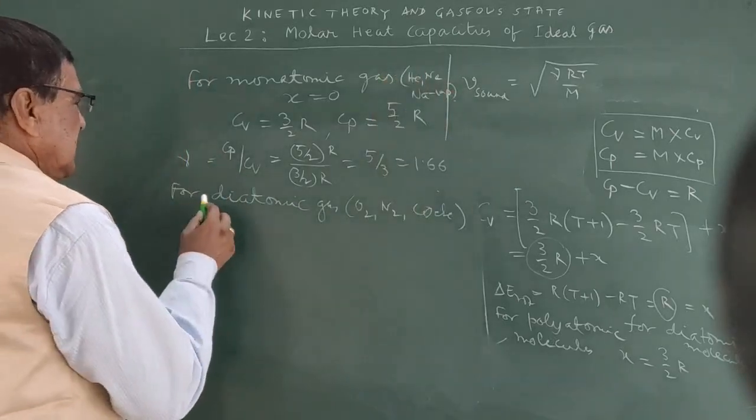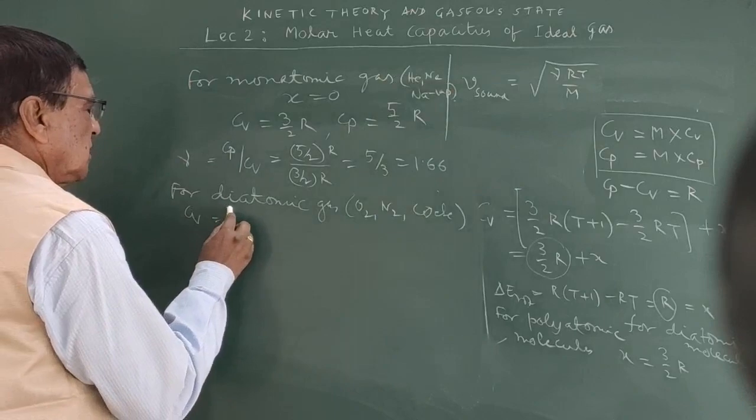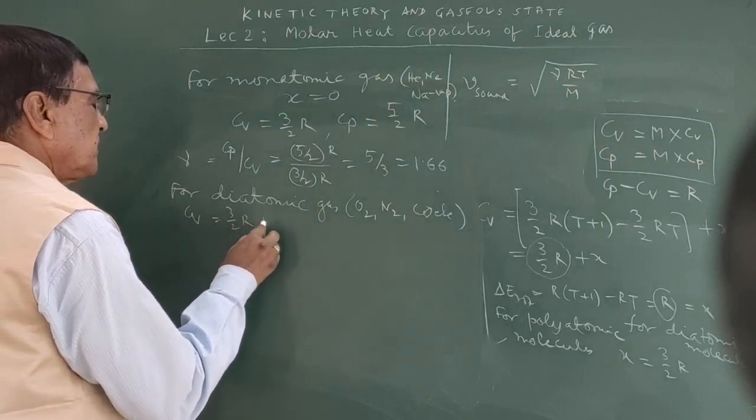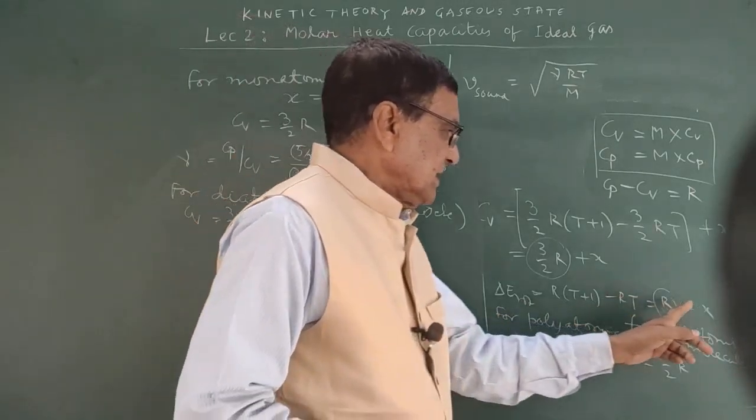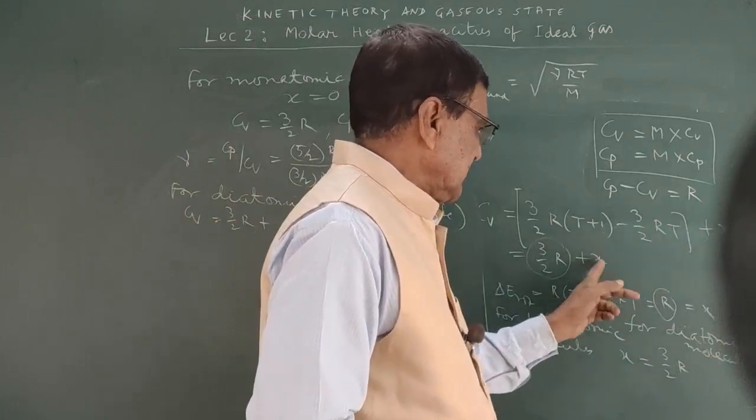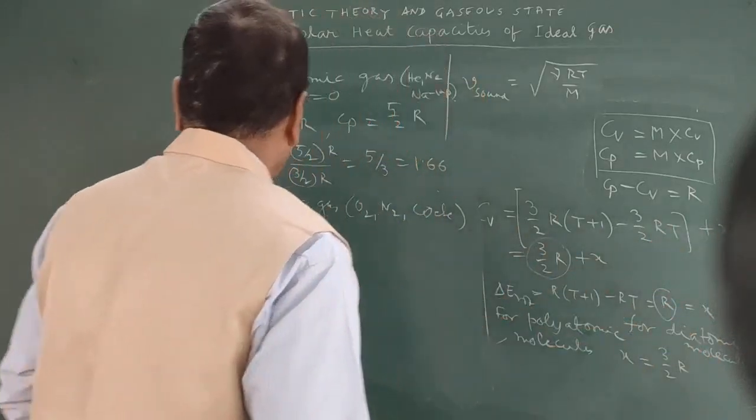So in this case, Cv equals 3 by 2 R plus x, where x equals R for diatomic molecules.